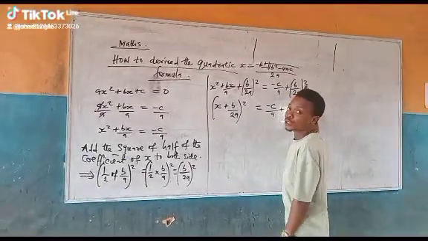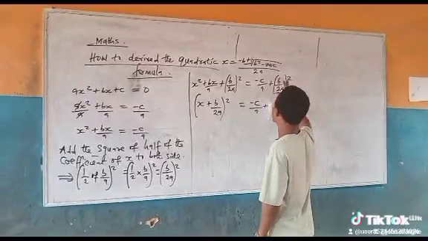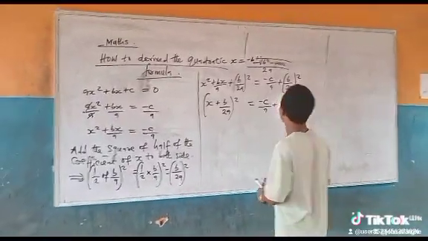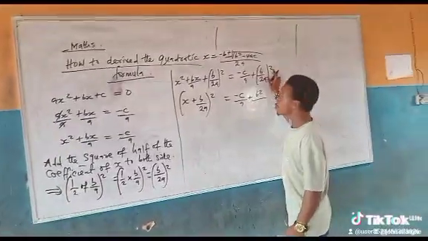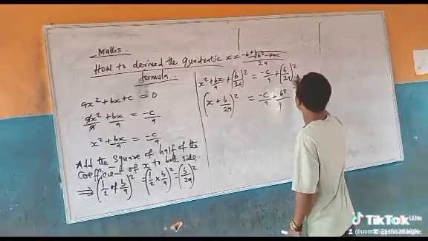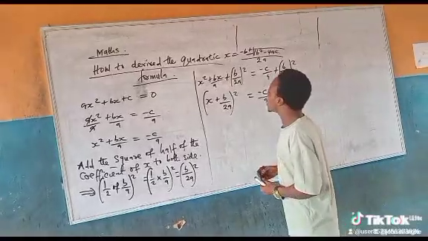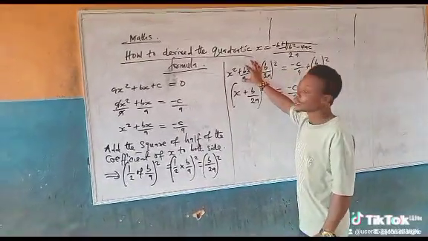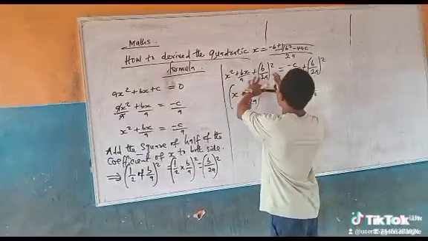Because of this square, it will affect everything inside this bracket. That will be b times b, which is b squared. Also, 2 times 2 is 4, and a times a is a squared. Now, this one has been eliminated. That is why we didn't bring it forward. We take this and this.